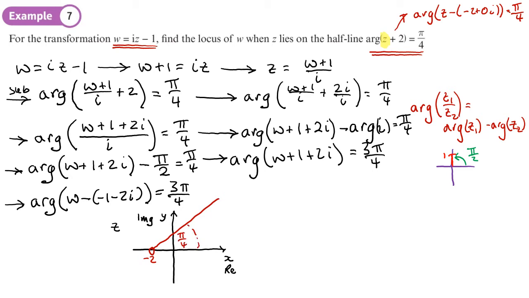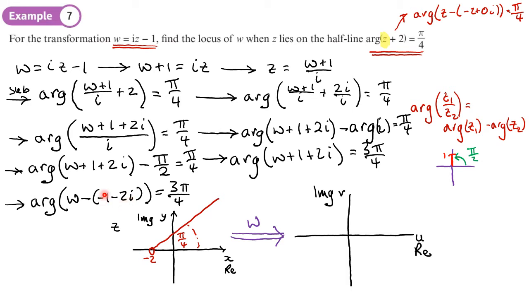Okay, let's draw what the transformation w does, and let's draw where this ends up. So this really is our answer here. So u and v, real and imaginary. Now this time our half line starts at -1, -2.